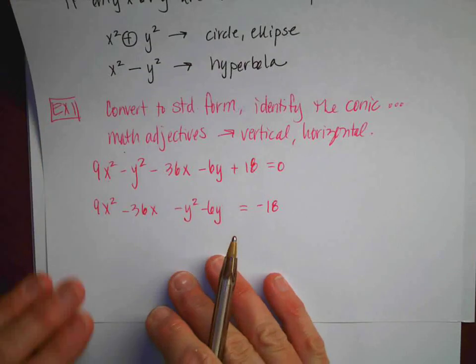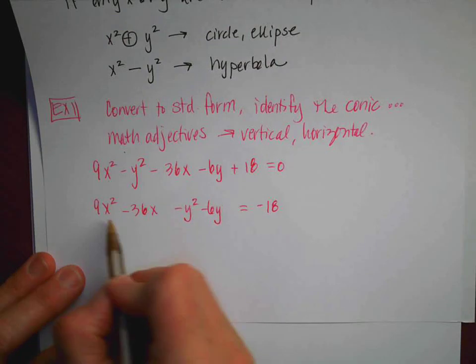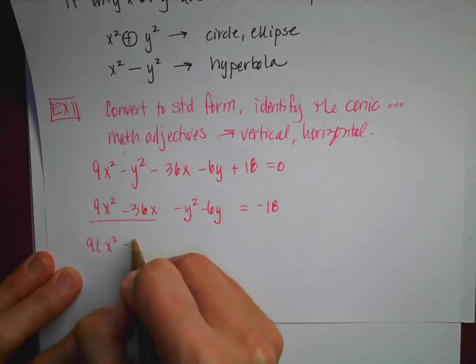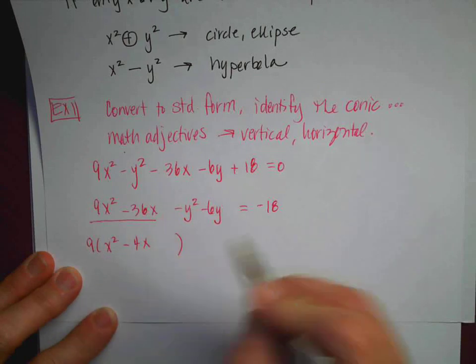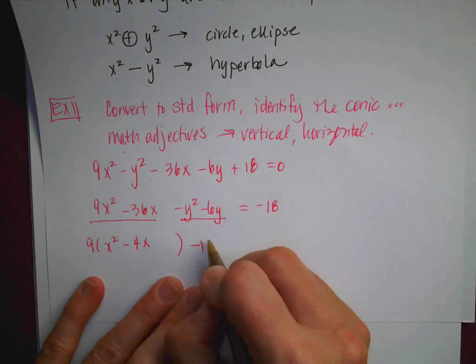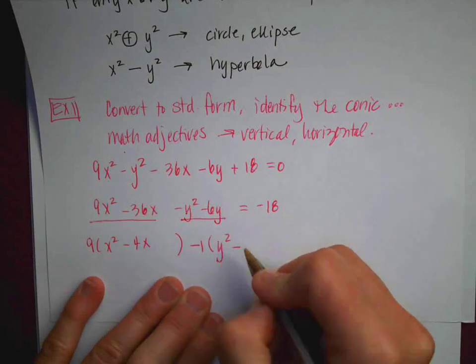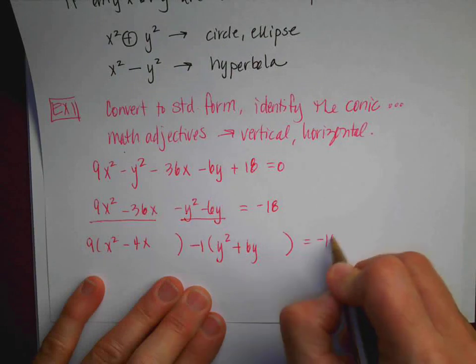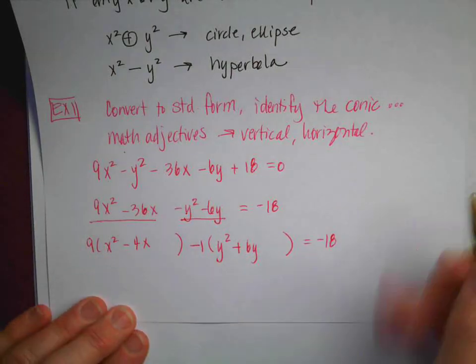Okay. Now I'm going to start to do completing the square, so I'm going to factor a 9 out of these two, and I'm going to get x squared minus 4x, and I'm going to leave some space. And then on these two, I'm going to factor out a negative 1, and I'm going to get my y squared plus 6y, leave some space, is a negative 18.